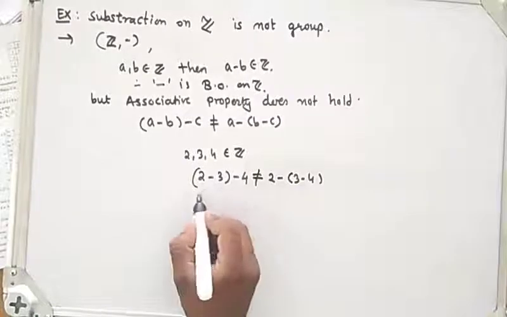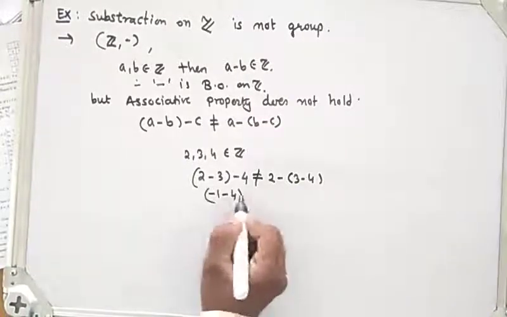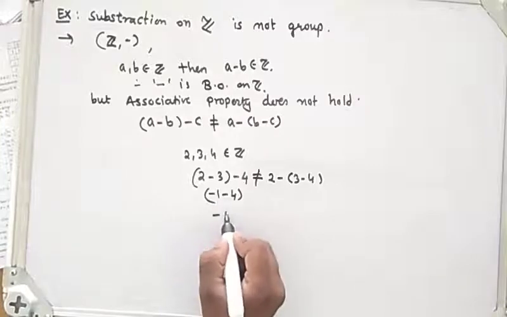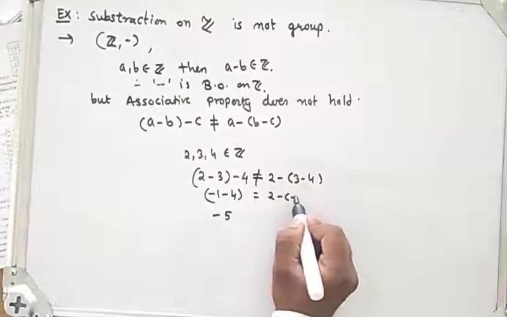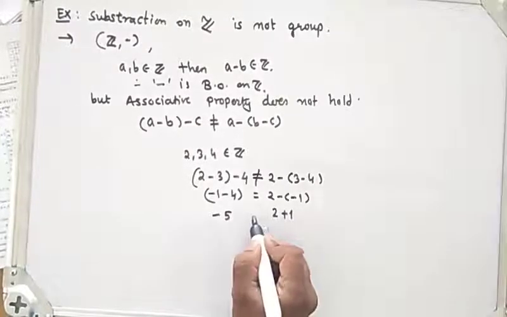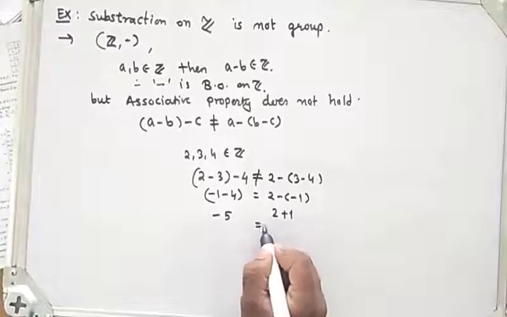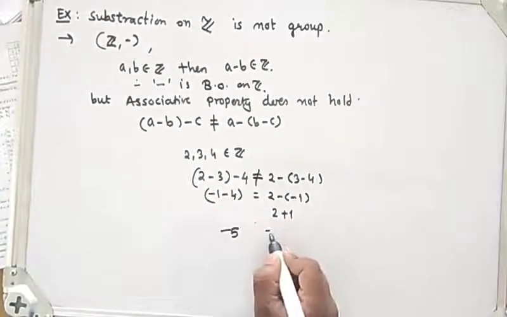The left side has value 2 minus 3, which is -1, then -1 minus 4 is -5. The right side has 3 minus 4, which is -1, so 2 minus (-1) is 2 plus 1. So on the left-hand side we get -5 and on the right-hand side we get 3.